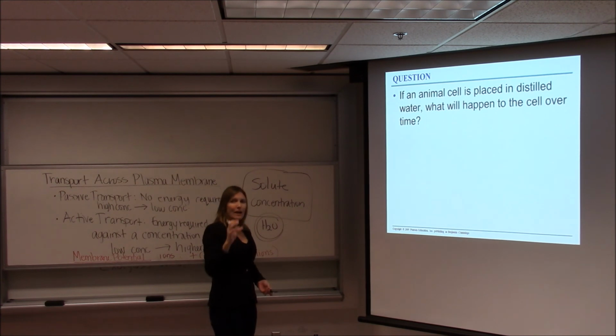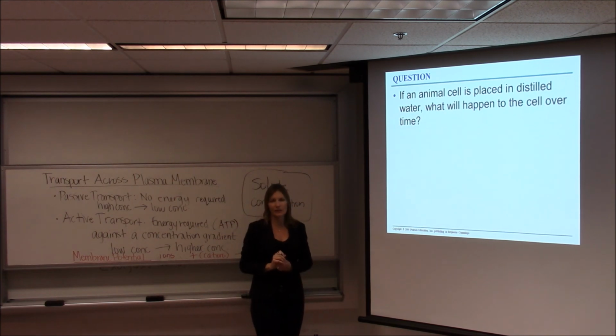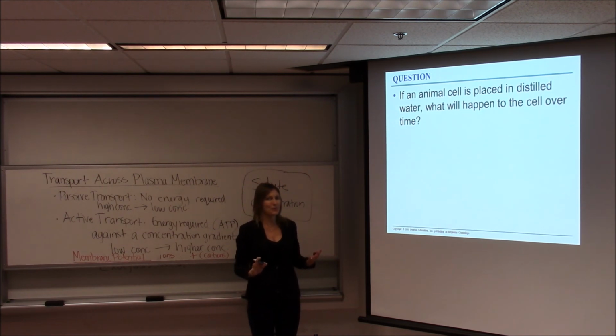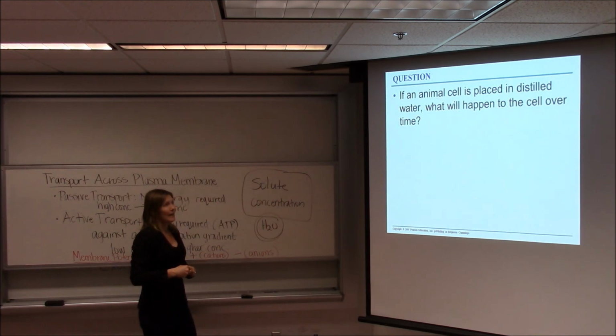So if a cell, a living cell, is placed in distilled water, do you think a living cell has just water in it? Or do you think a living cell probably has some solutes dissolved in it? Different ions, different sugars, whatever the case might be, there are solutes in a living cell. If your cell is the same solute concentration as distilled water, you've got a problem going on. That is not normal. So that would be called a hypotonic environment.